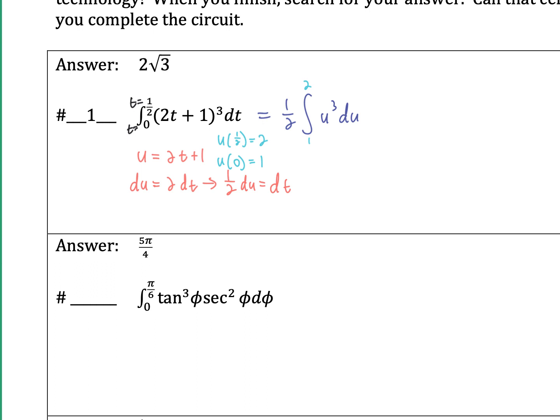When you do this step, almost always the top limit will start out bigger than the bottom limit. If it switches after you get these limits in terms of u, sometimes the bottom will be bigger than the top, but don't worry about it. You don't have to switch it. You can just leave it like that.